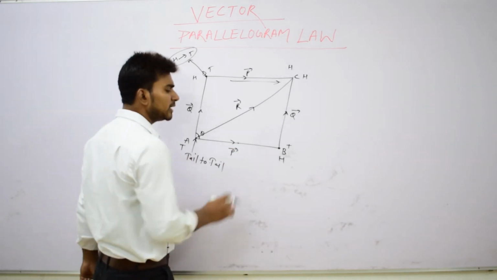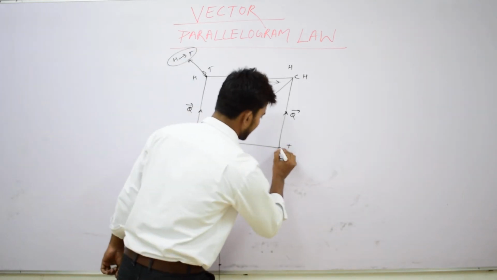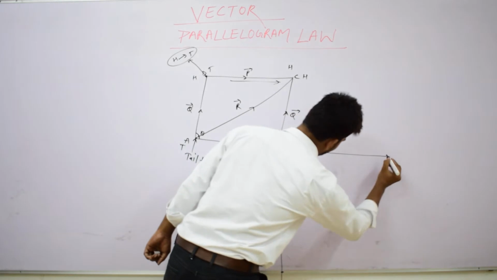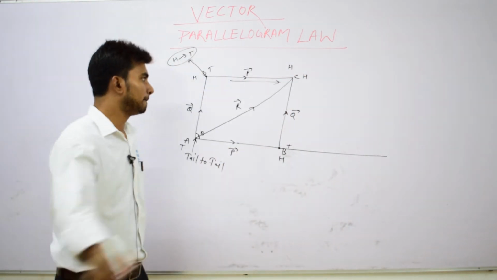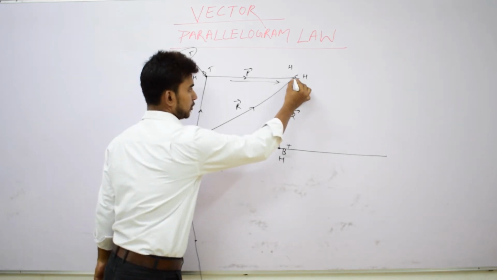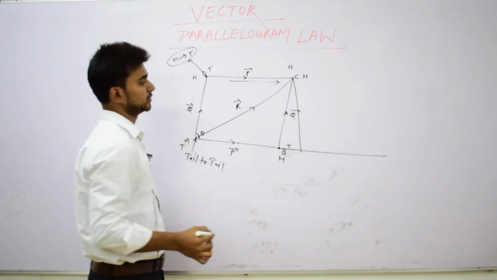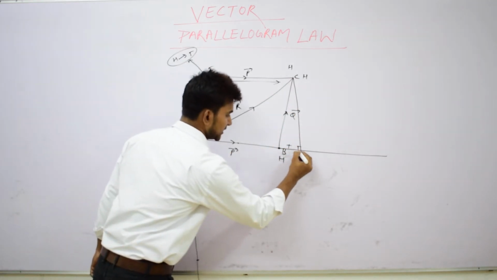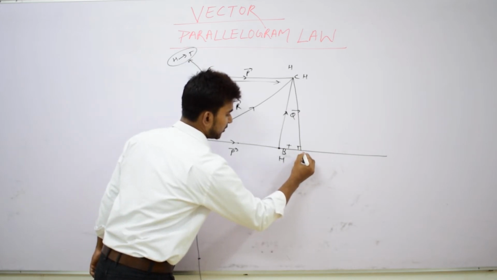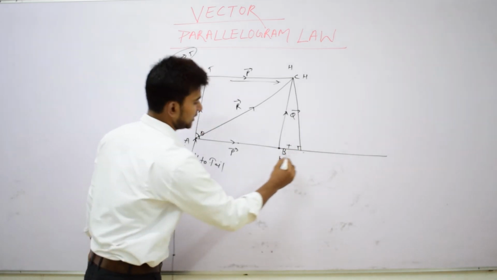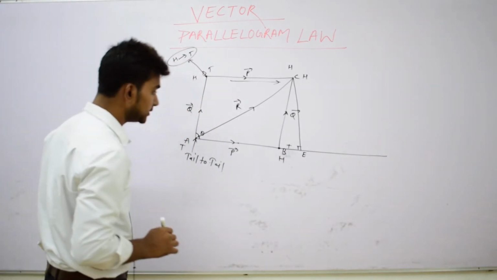Now for finding a relation, I am producing this particular line AB in the forward direction, and from point C I am going to draw a perpendicular on this produced line. Let's suppose this is our perpendicular line, and the point of intersection I can take as E.